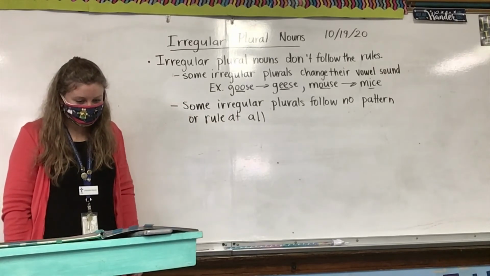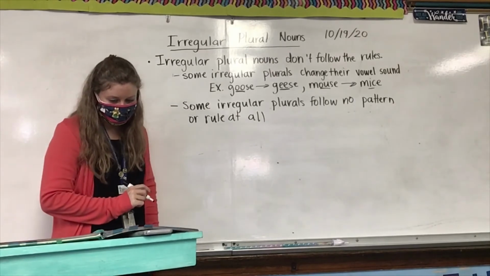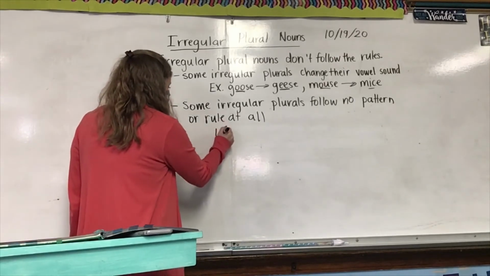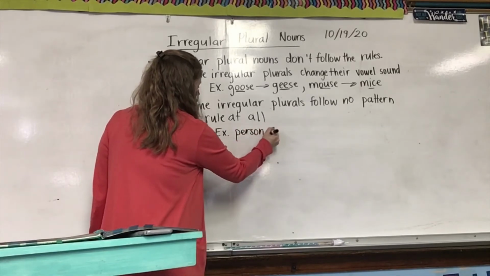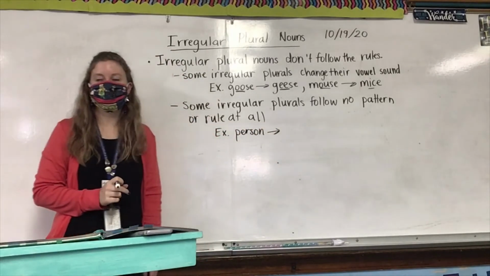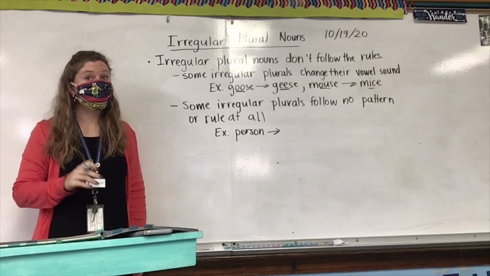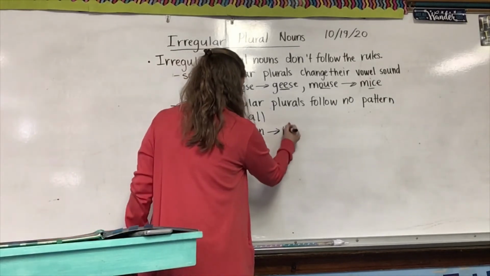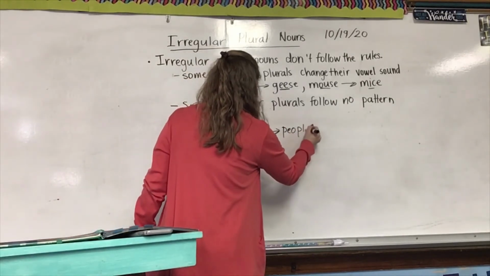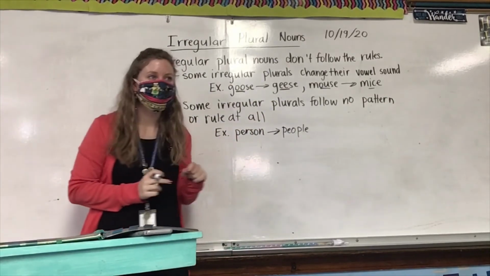Don't know why it happened. It just happened. For example, person is not persons. What's the plural of person? People, which is spelled P-E-O-P-L-E. So about the only thing that stayed the same is that both words start with P-E.